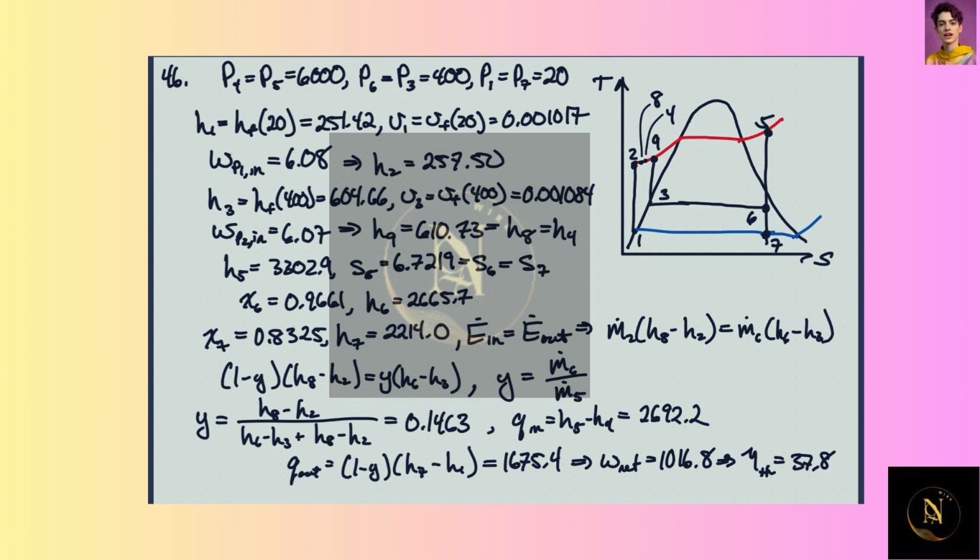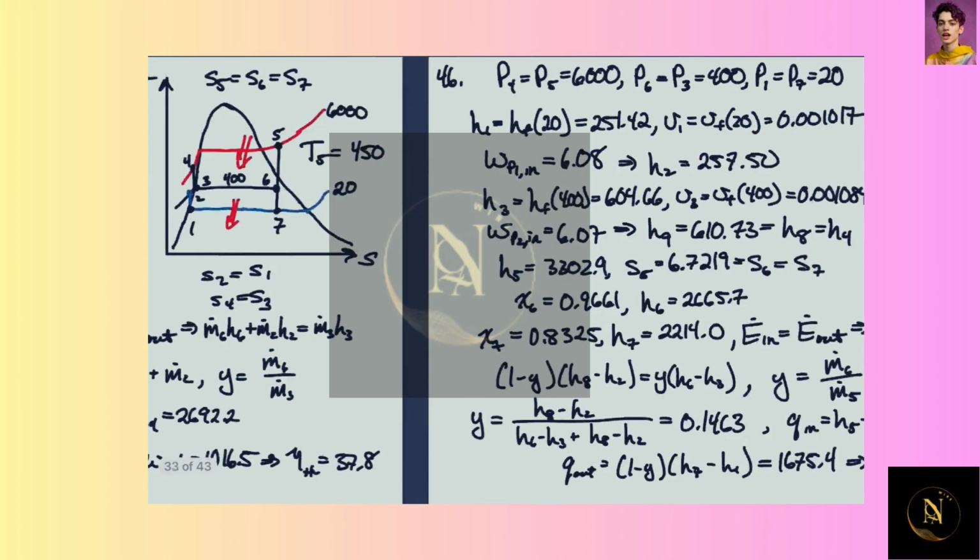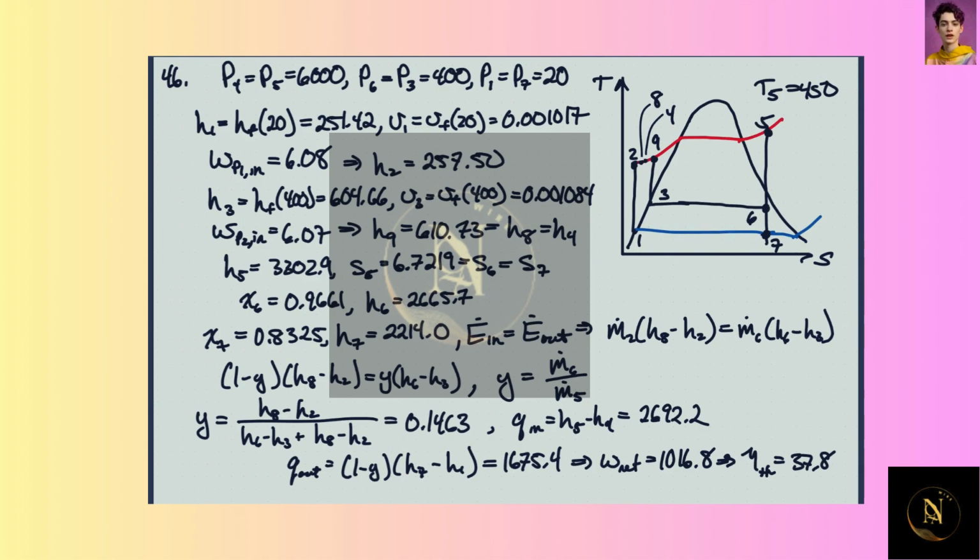So we have, let's see here. Yeah, okay. So then we have the enthalpy at 5 we can get because we know the pressure, and I think I didn't write the temperature again in here. T5 was, what did we have? It was 450. And then again, we know that S5 equals S6 equals S7, and S1 equals S2, and S9 equals S3 because of the isentropic pump and turbine.